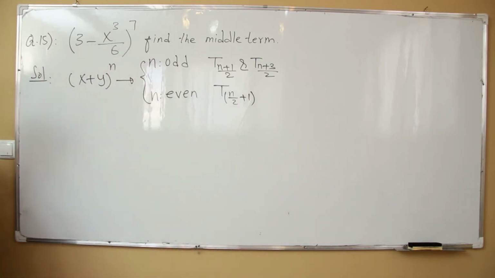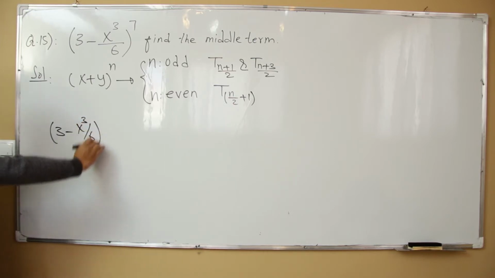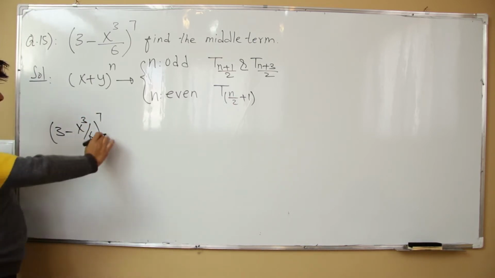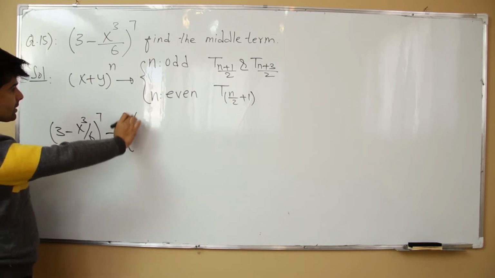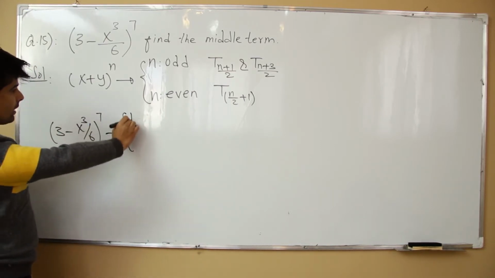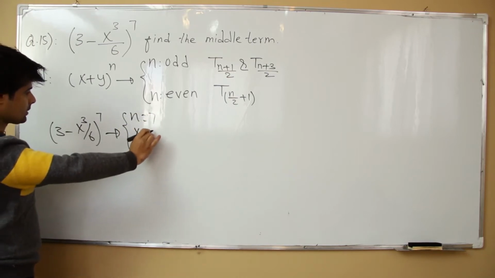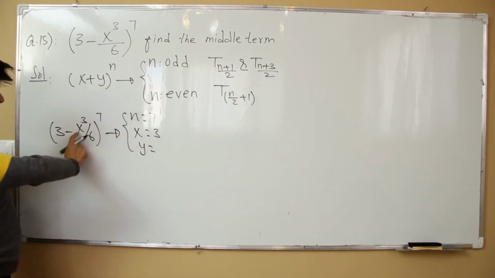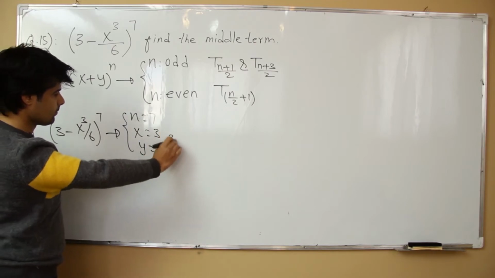Now what do you think? In your binomial (3 minus x cubed by 6) raised to the power 7, first you have to talk about n. n is 7, x is 3, y is minus x cubed by 6.